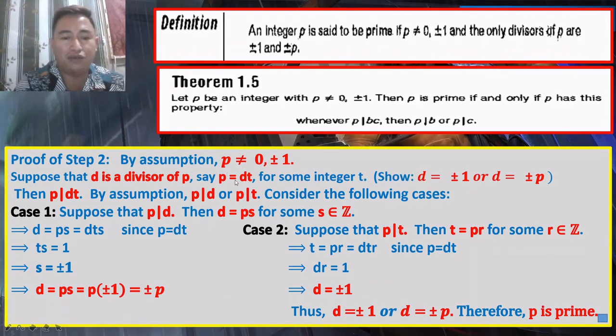If P is equal to dt, since D is a divisor of P, then P divides dt.